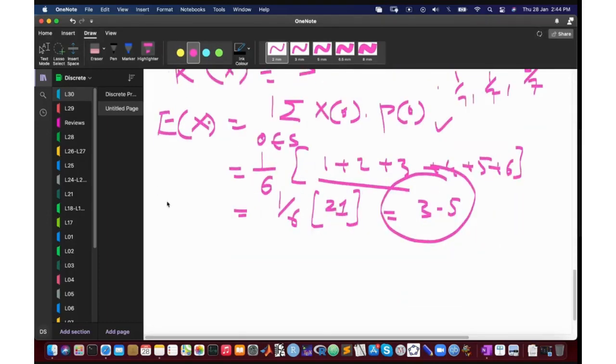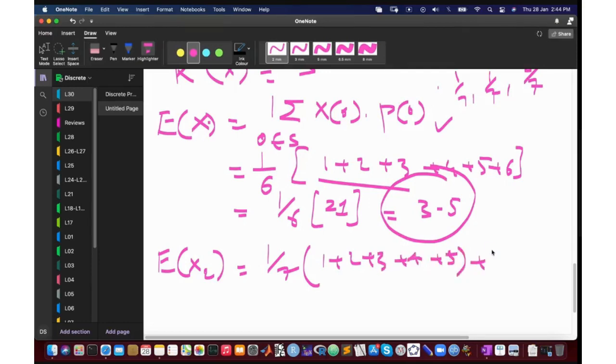Okay, so uniform case में this is what you get. Okay, your expectation is this, but in the case of this experiment, let's call it x2, जो आपकी probabilities होंगी they would be 1 over 7 times 1 plus 2 plus 3 plus 4 plus 5 plus 2 over 7 times 6.